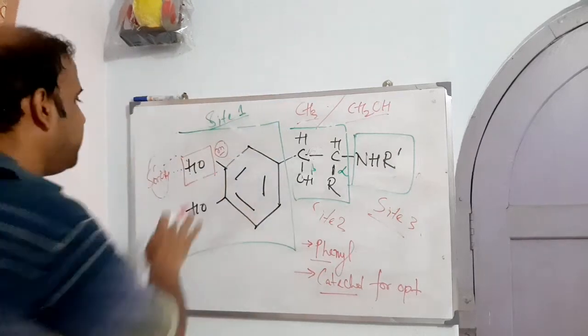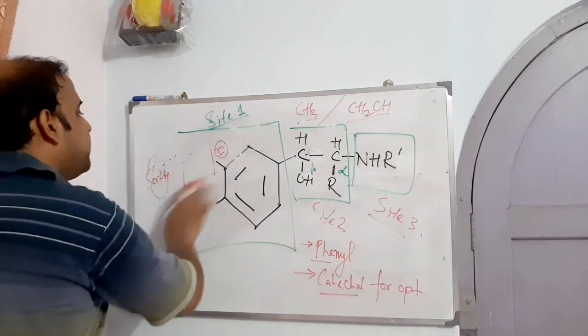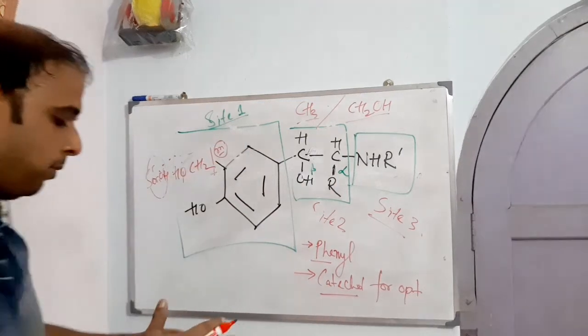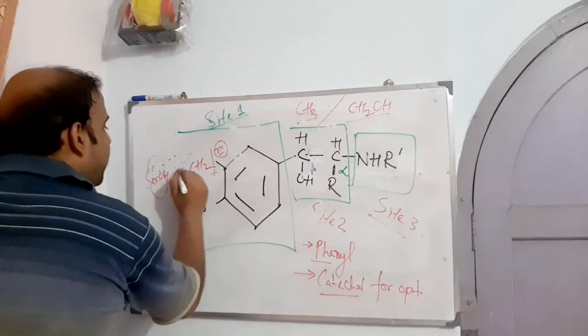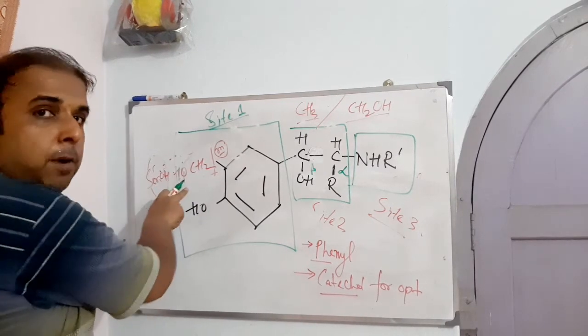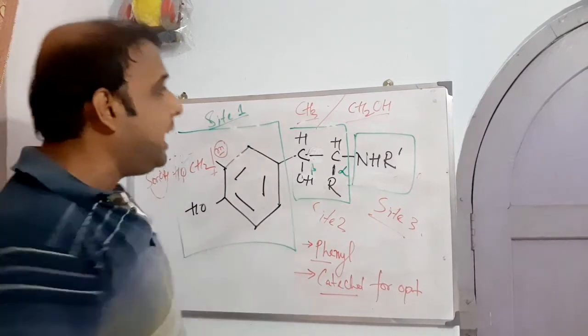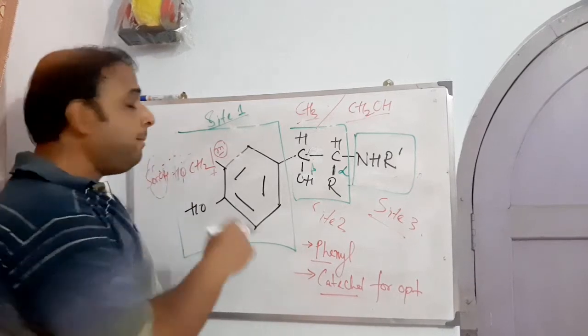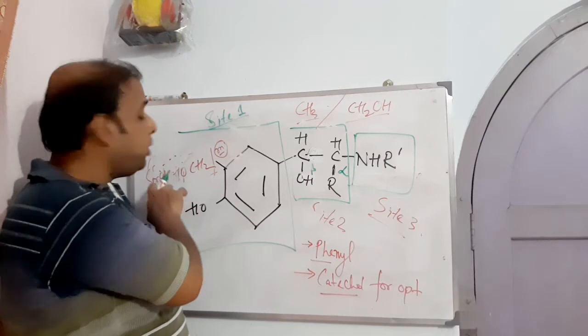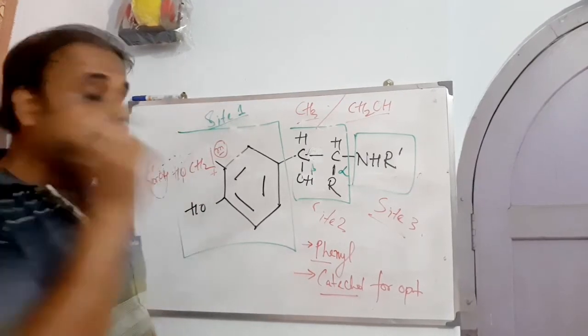The moment I replace the hydroxyl with a CH2OH, just observe what will happen. This is OH, so as serine is waiting here, we can expect hydrogen bonding. Keep in mind that hydrogen bonding is one of the interactions likely to happen here.